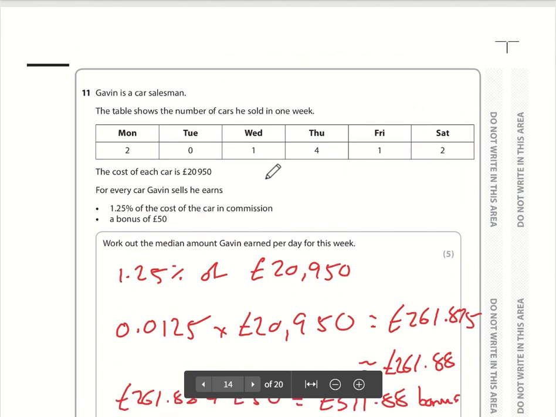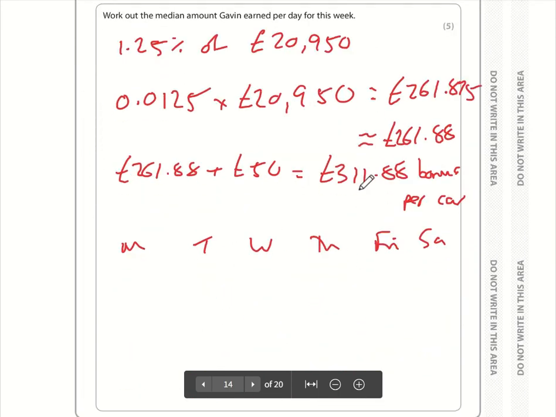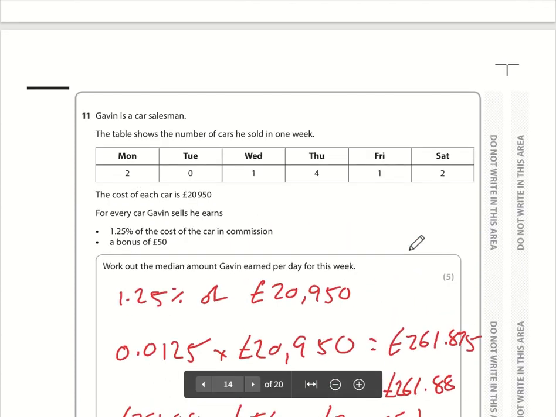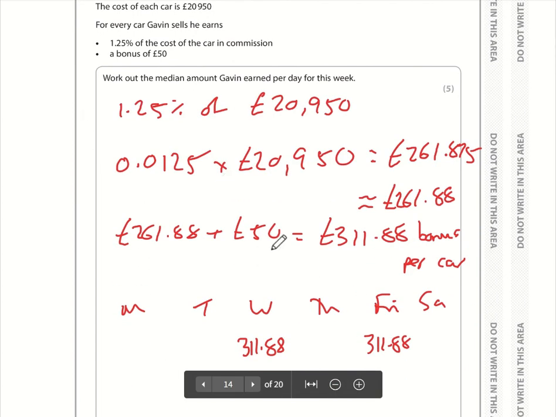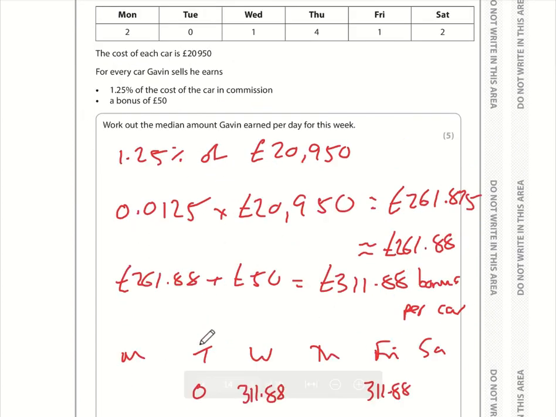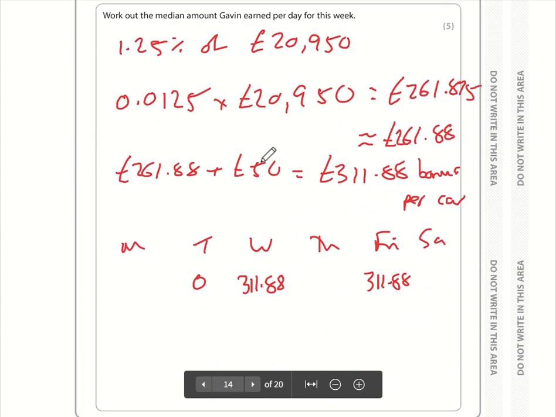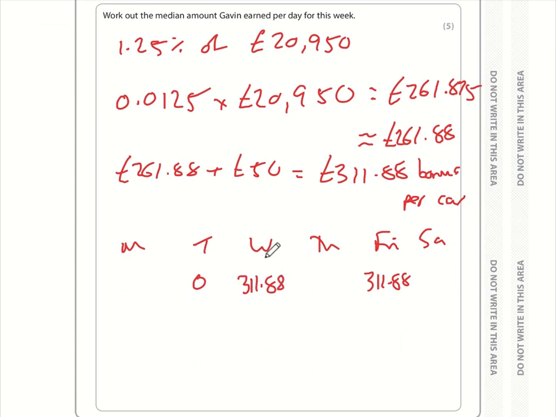So on Wednesday and Friday he gets 311.88. On Tuesday, 0. Monday and Saturday he sells 2 cars, so that is 2 times 311.88, and that is £623.76.